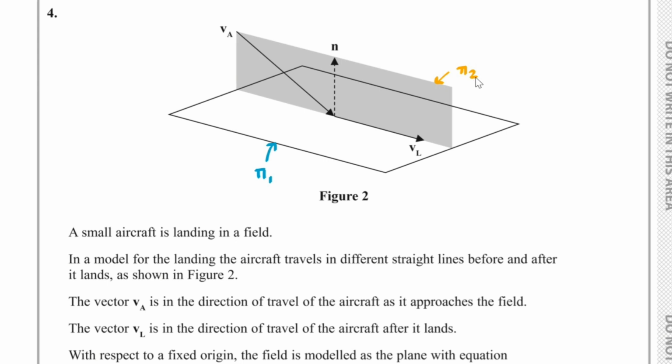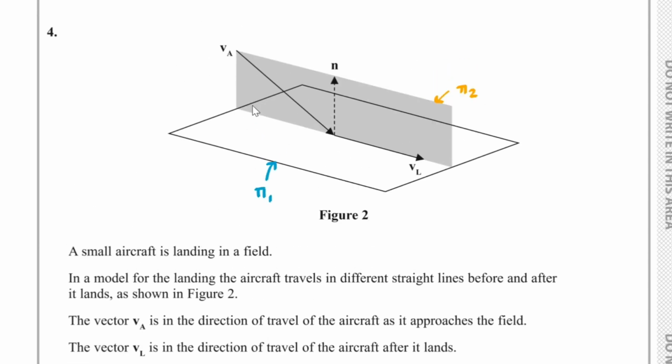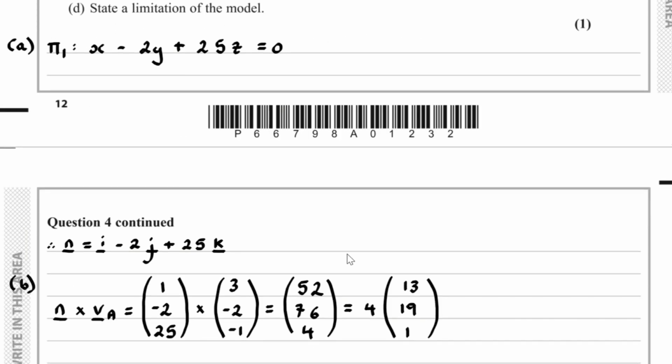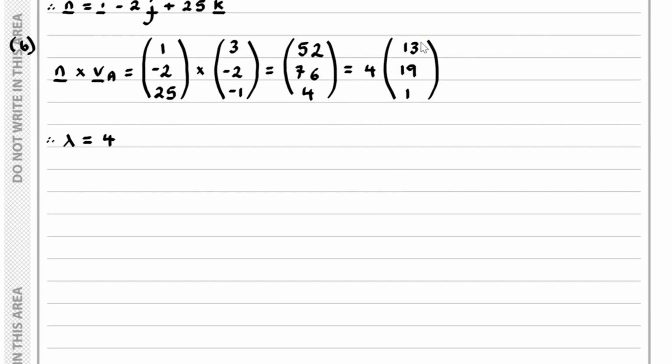Now, for us to find out what pi2 is, we need a normal vector, and the normal vector can be obtained by crossing VA and n together, but we've already worked that out. When crossed together, we get (13, 19, 1) as our column vector.